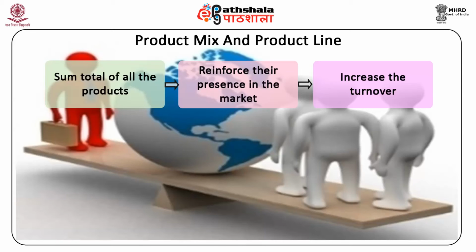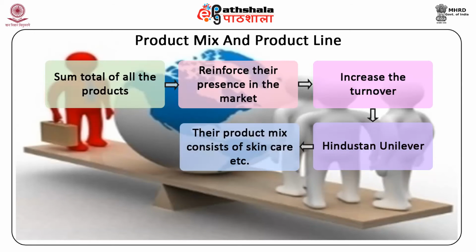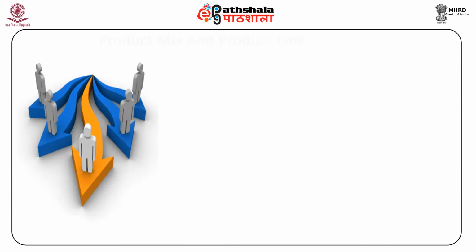For example, if we take the case of Hindustan Unilever, their product mix consists of the fabric wash segment, hair care, skin care, oral care, household cleaning, and other product lines. The product mix and product line of Hindustan Unilever Limited are depicted in figure 1.4.